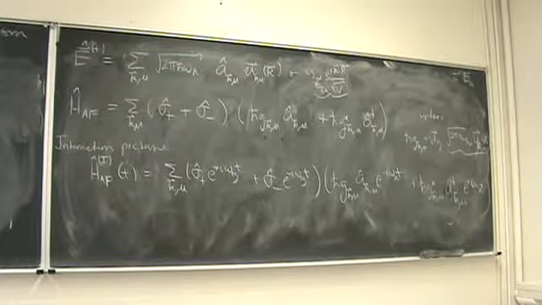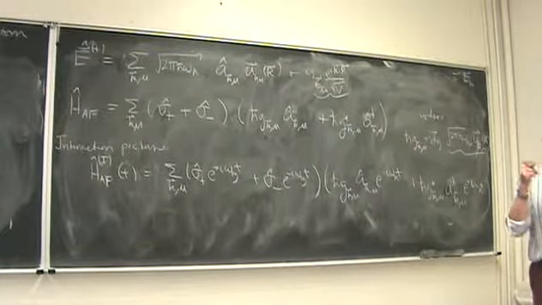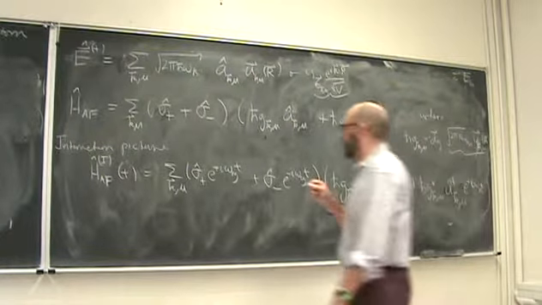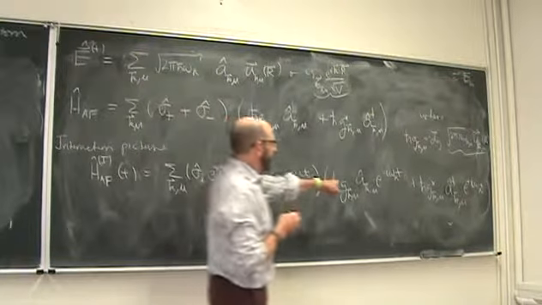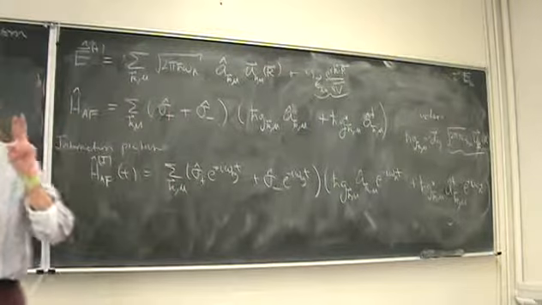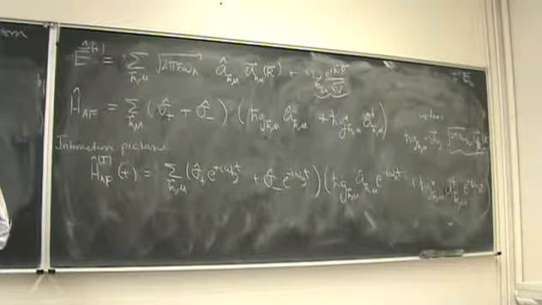And as before, we have the resonant terms and the anti-resonant terms. The only difference is that we have these a's and a daggers. Before we didn't have those because those were classical amplitudes.